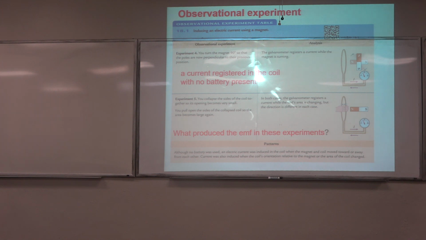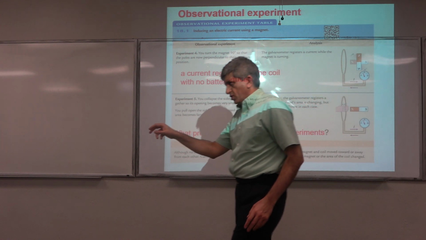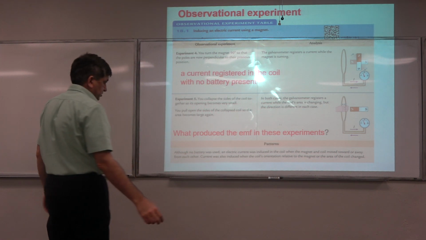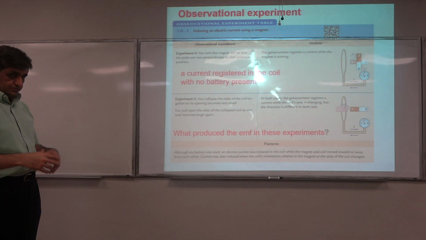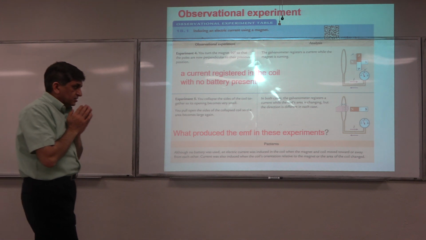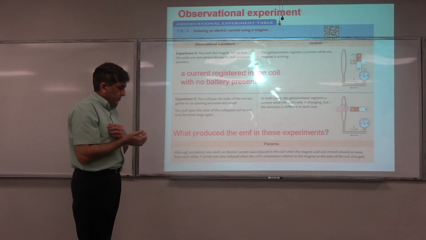So what produces the EMF in these experiments? Although we do not use any battery, the electric current is induced in the coil when you move the magnet towards the coil or away from the coil, or you move the coil close to the magnet or away from the magnet.